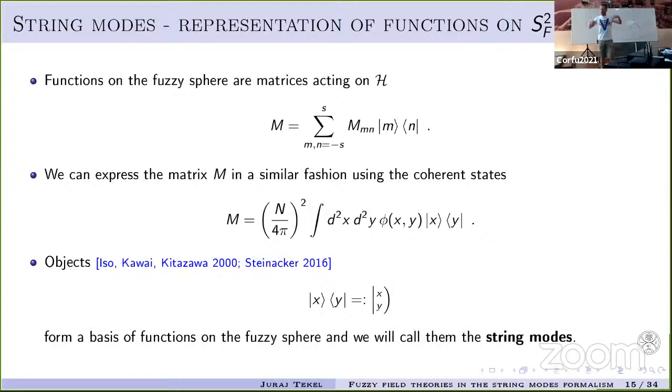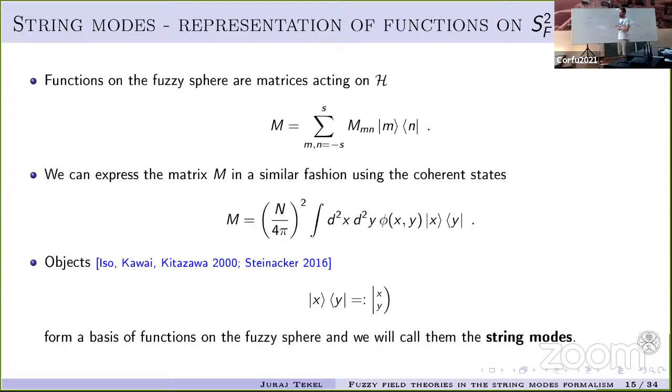So now coming to the fuzzy functions, obviously this is quantum mechanics. You can express matrices in the basis of the spin states. However, since the coherent states also form a basis in the space of matrices, you can do basically the same thing, and express the matrix as a superposition of objects like this.